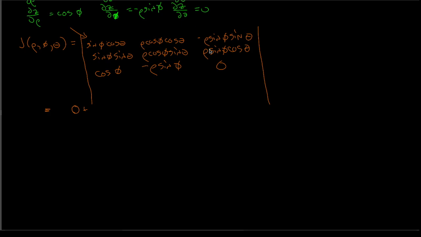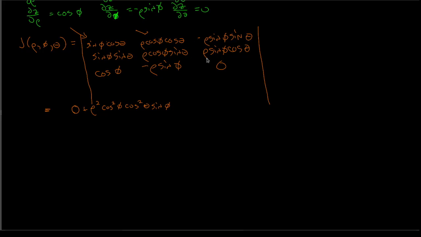Rho times rho is rho squared. Cosine phi, sine phi, cosine phi, so it's going to be cosine squared phi sine phi, and cosine theta, cosine theta, so cosine squared theta. That got that downward direction, this element, and this element.